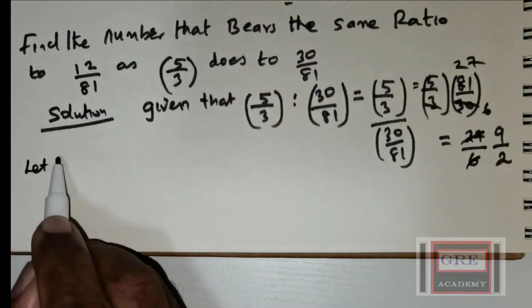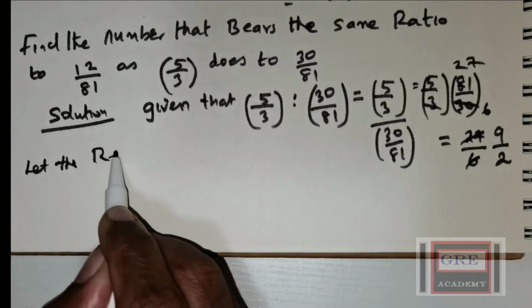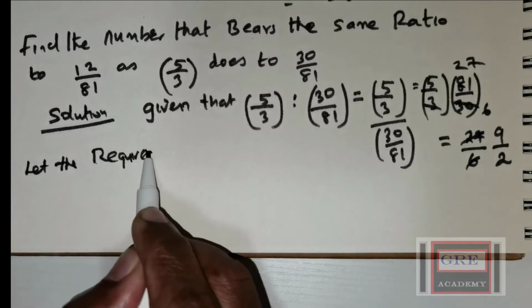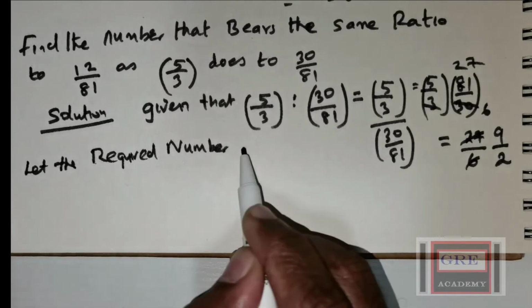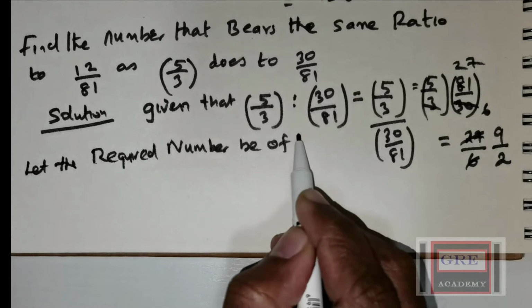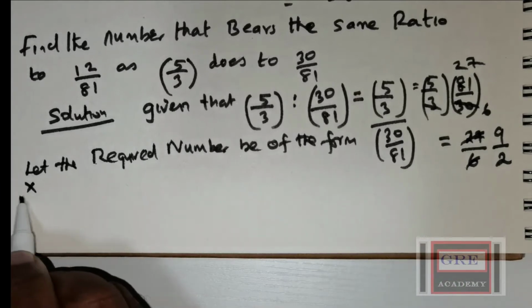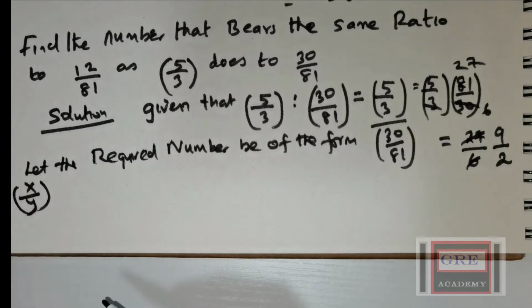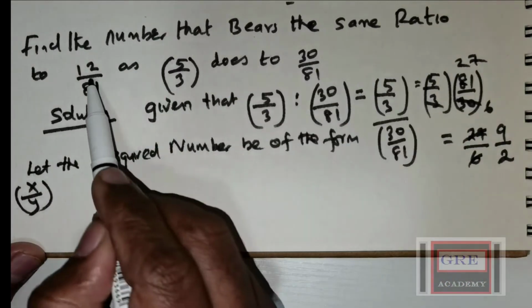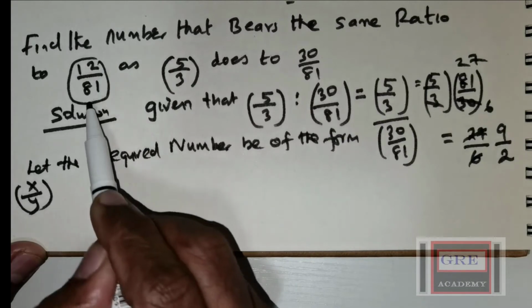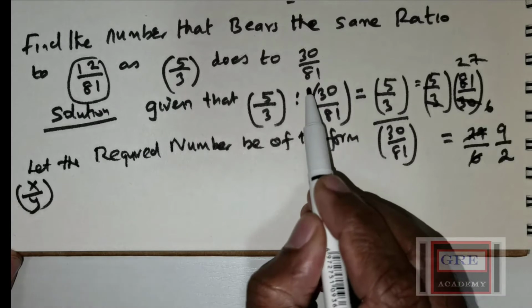Now next step, let the required number we are looking for be of the form x over y. Now we are expected to find the number that bears the same ratio to 12 over 81 as 5 over 3 does to 30 over 81.